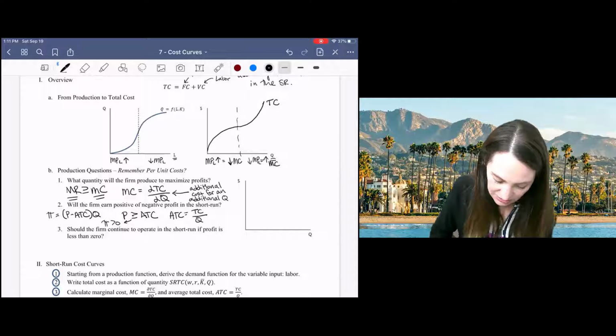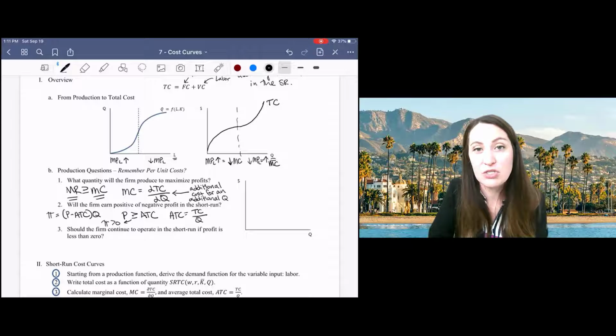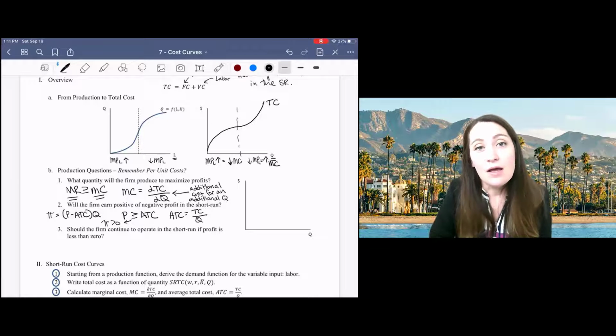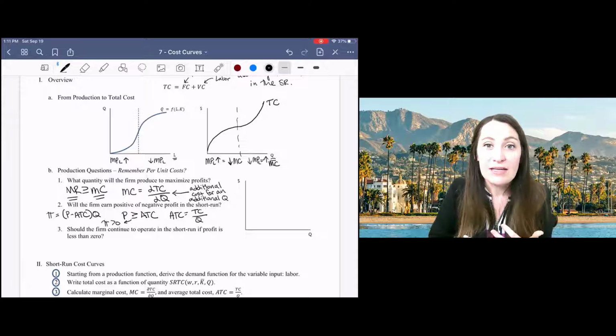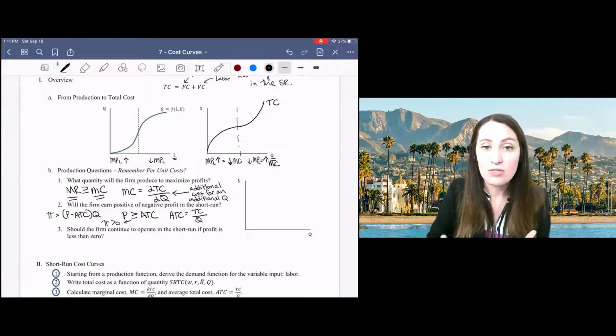The last cost concept that we cover in intro typically is average variable cost, which helps us think about the firm's short-run shutdown decision. Recall that your fixed cost is like a sunk cost. In the short run, you can't get it back, even if you choose to shut down or say, I'm closed on Saturday. What you can do is decide whether or not it's better to close on Saturday or to open.